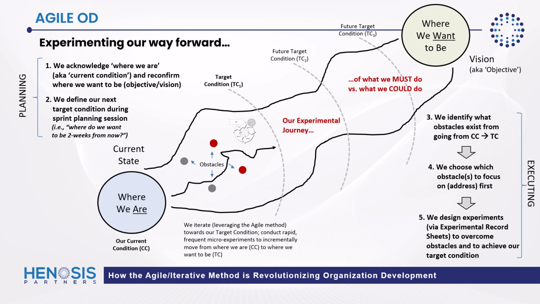So this is what experimenting our way forward looks like when leveraging the Agile or iterative method. We establish or define a target condition, and then we experiment our way forward, overcoming obstacles in the process. Ultimately, our experimental journey brings us to the point of realizing our vision.